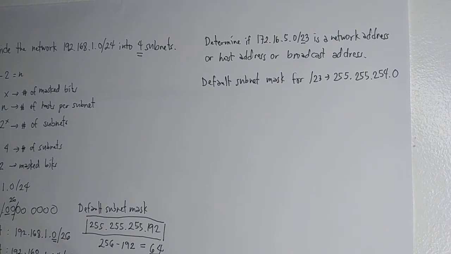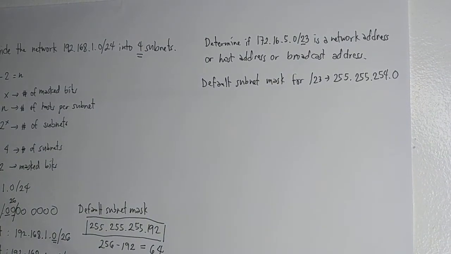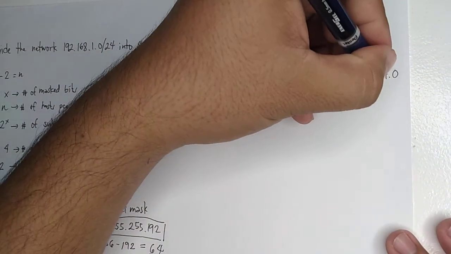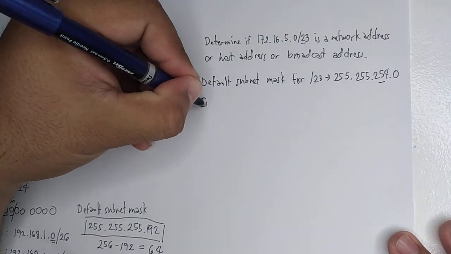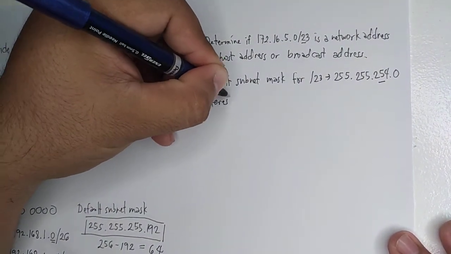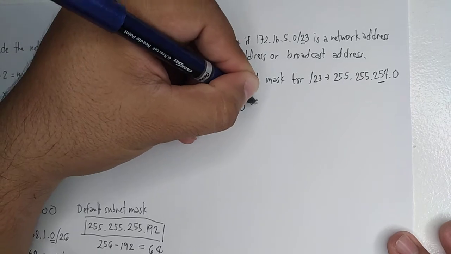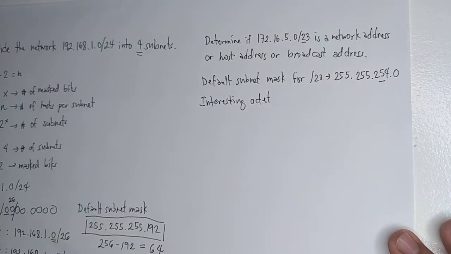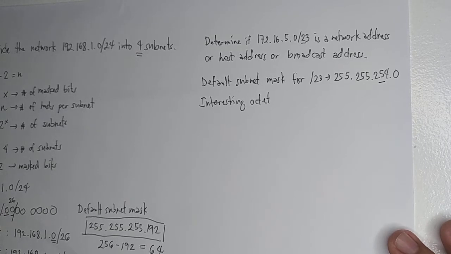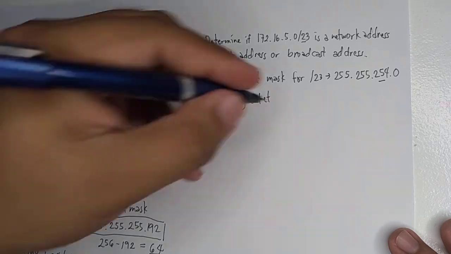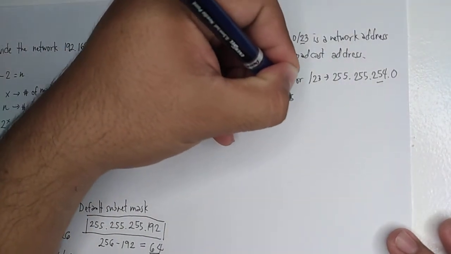So our interesting octet here is the 254. From there, we will check if we can divide the given address into subnets. So the interesting octet is 254.